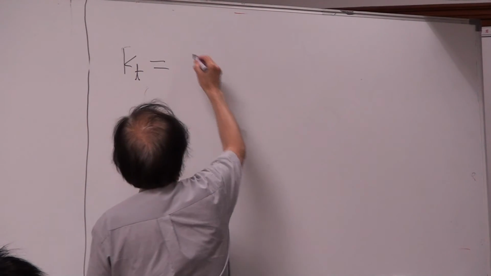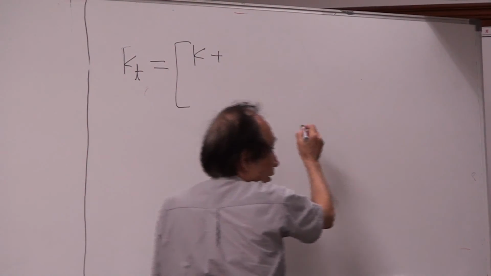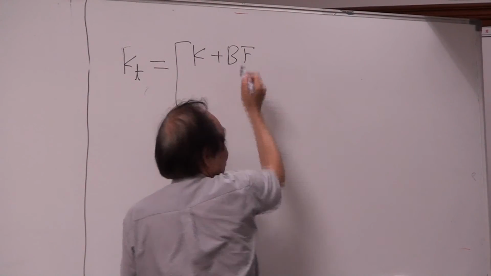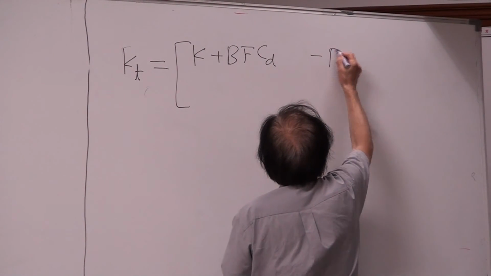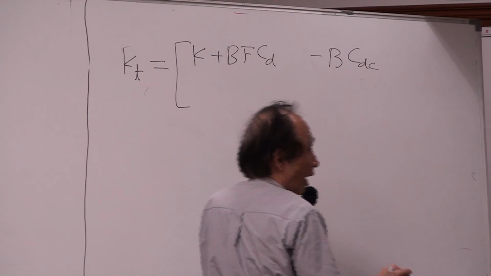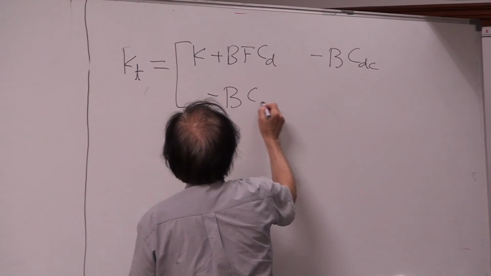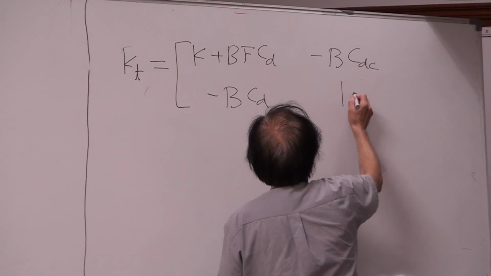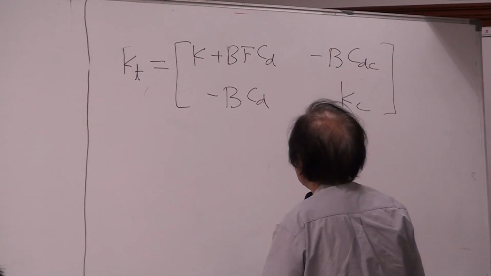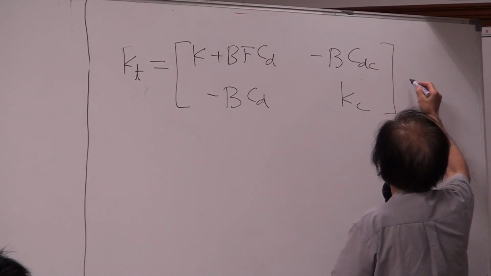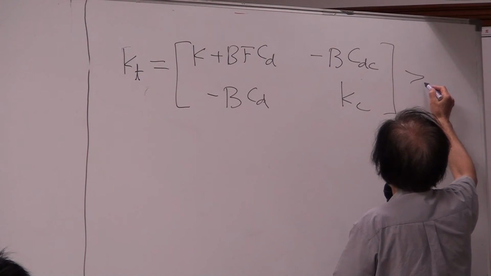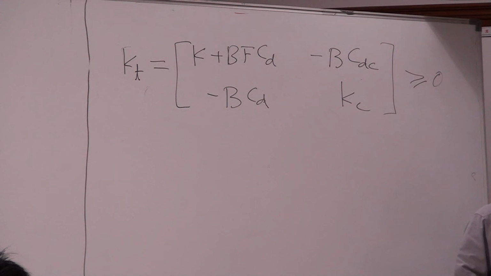The overall system is K plus B F CD, minus B CDC, and minus BC CD, and then KC. All right? We have to make this one hopefully not equal to 0, right? Minimum. Agree?